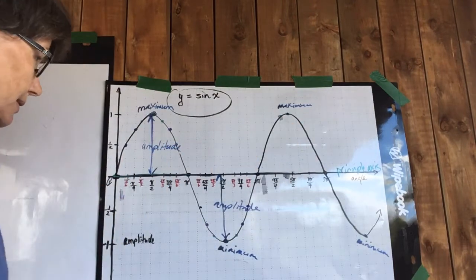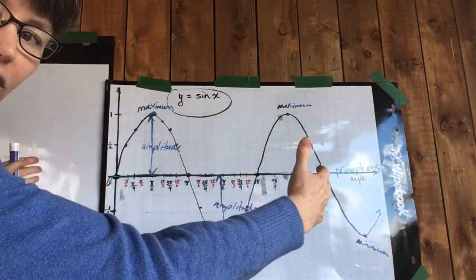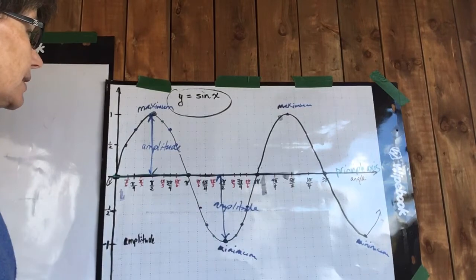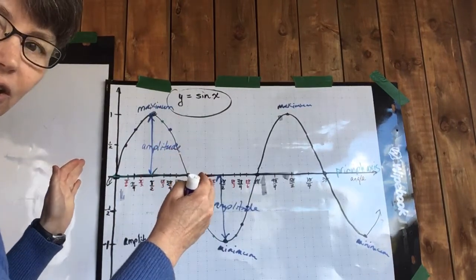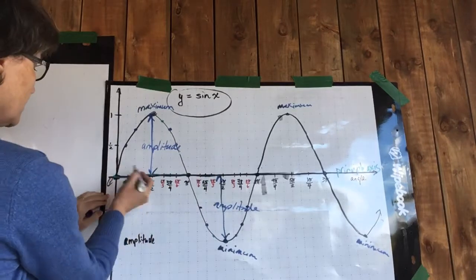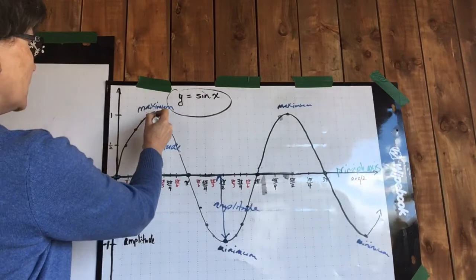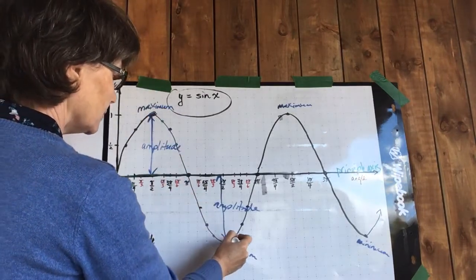The period. The period is how long the horizontal length is for the function to start repeating again. So if we think about our graph, we think about this as a starting point. It's going up, up, up, down, down, down, way down, and back up.